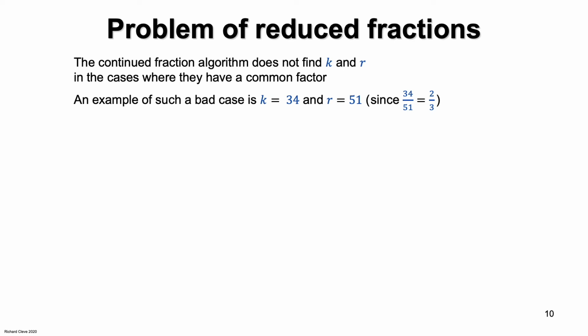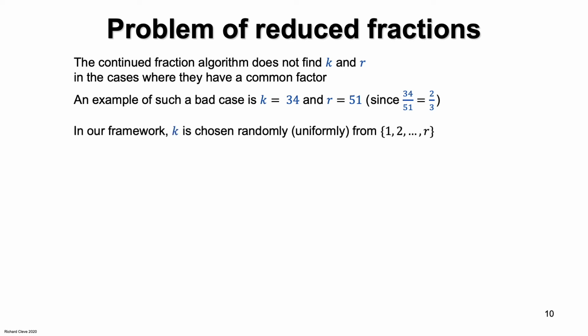In that case, the fraction is already in reduced form. Recall that in our setting, we are assuming that k is uniformly sampled from the set containing 1 up to r.